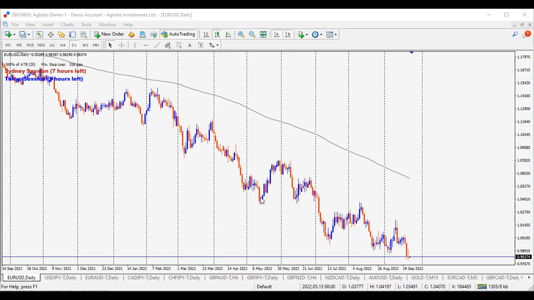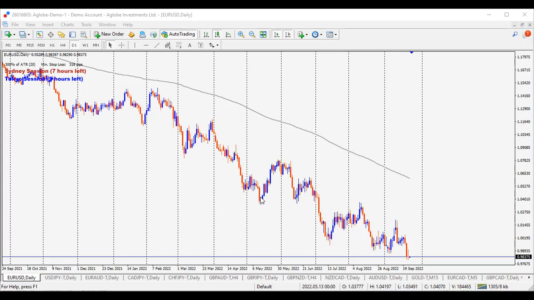So once you identify the structure of that market, then you can zoom in to get an area of value. It is important that we understand that in this market, you don't buy or sell at the prevailing price. We seek to buy or sell at a discount. In other words, we seek to buy when the market must have retraced.